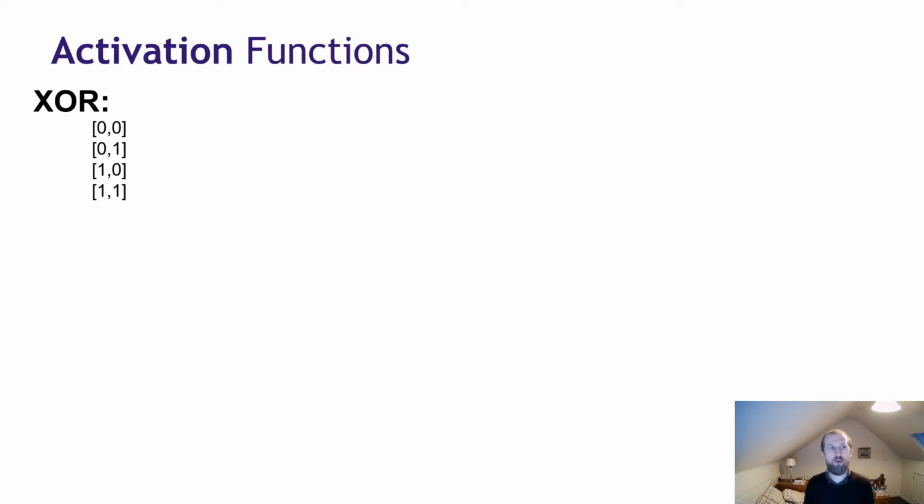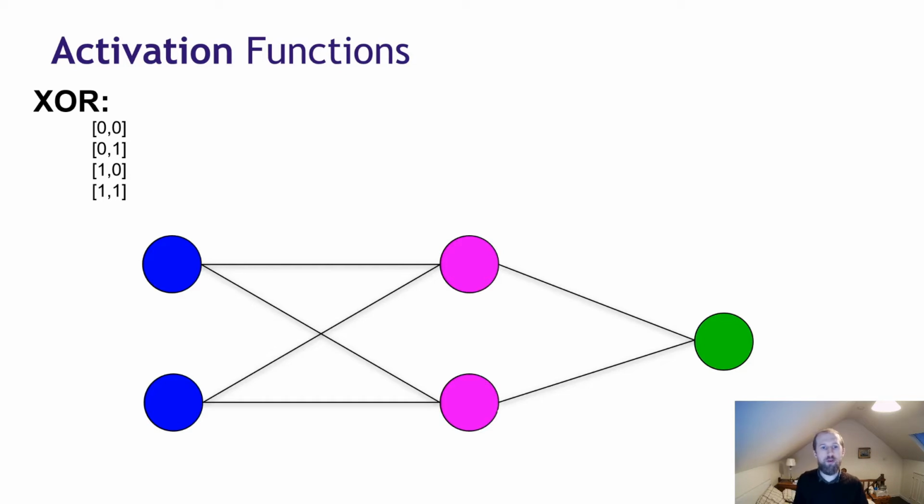So I'm going to take you through an example now that explains why activation functions are necessary. This is called the XOR example, and this is just for a very, very simple neural network. For XOR, we will have just a data set of 4 points.